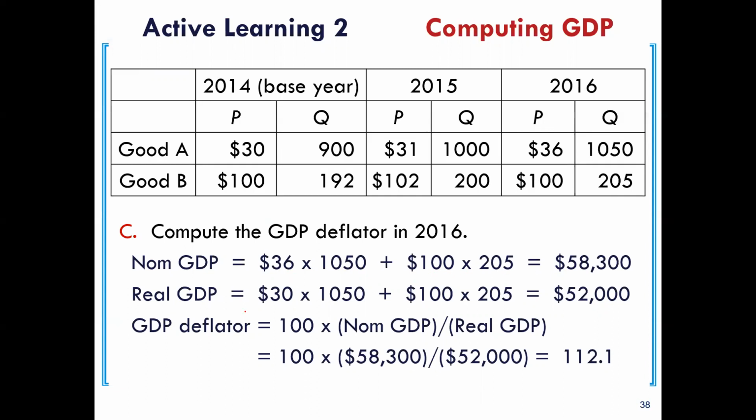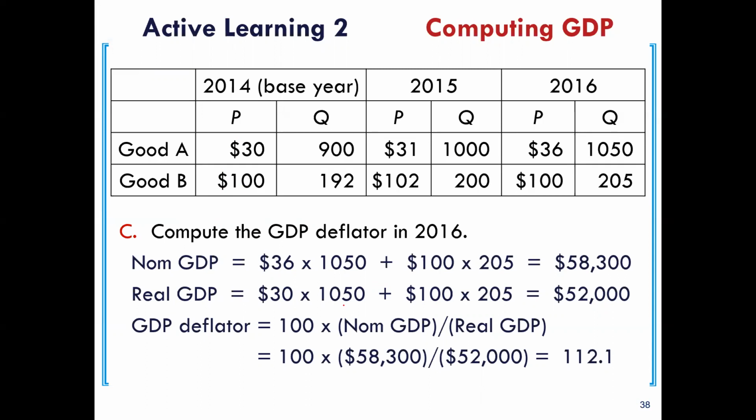$58,300. For real GDP, once again, we would use the base year prices and the new quantities in 2016. So the base year prices, once again, are $30, which is the price for good A in the year 2014, and $100 for good B in the year 2014.